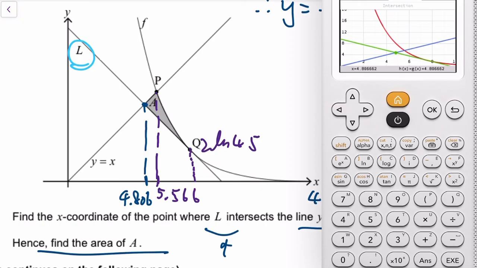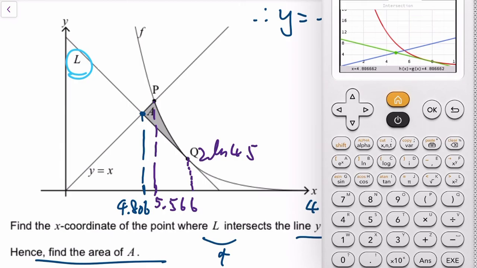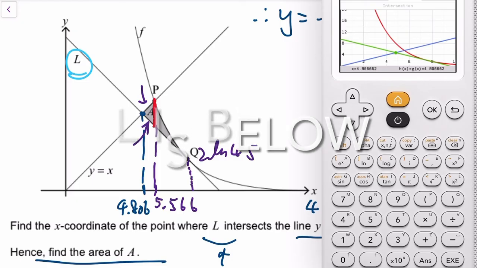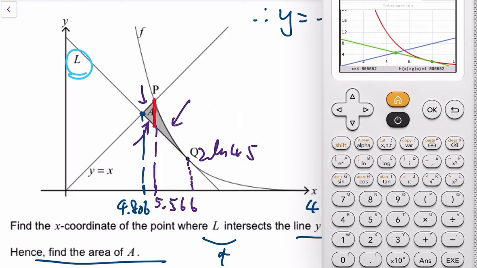So it turns out to find this area, you have to cut the area into two parts. Precisely, you cut at P. Because if you cut it like this, you realize the left-hand side of this region is formed by y equal to x and L. y equal to x is on top, L is below, while for the right-hand side it is f on top and L below.